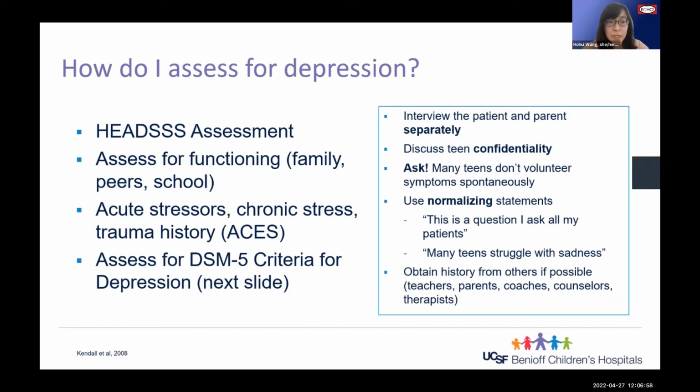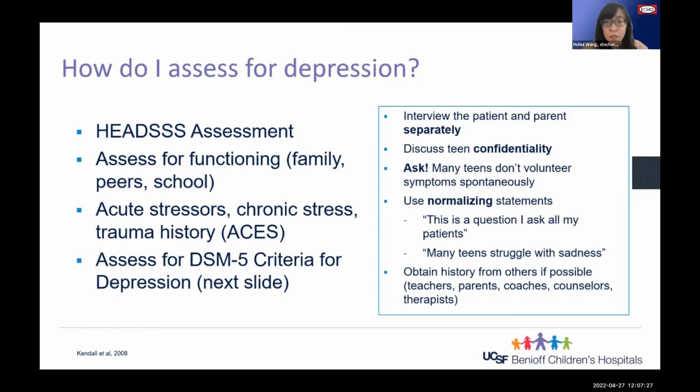We also want to assess their function, because if they just have very mild depression symptoms that are not impacting any of their function within their family roles, their peer relationships, or their school performance, then there might be a different way of treating it. There are also acute stressors on top of the depression symptoms. Like we know recently, there was unfortunately a suicide at Berkeley High.